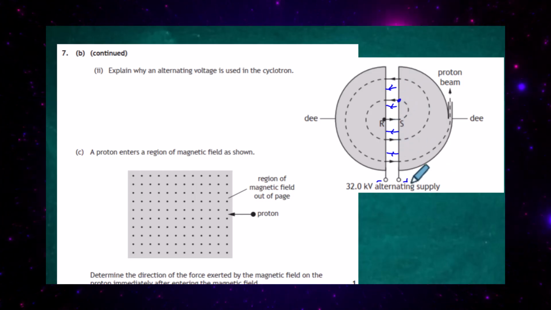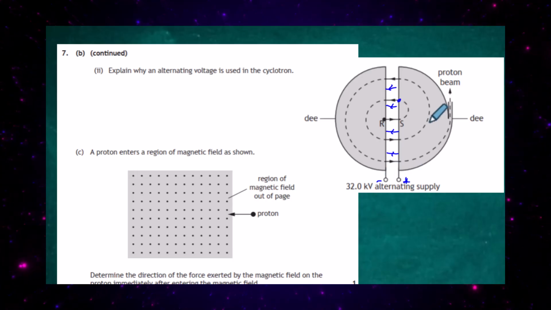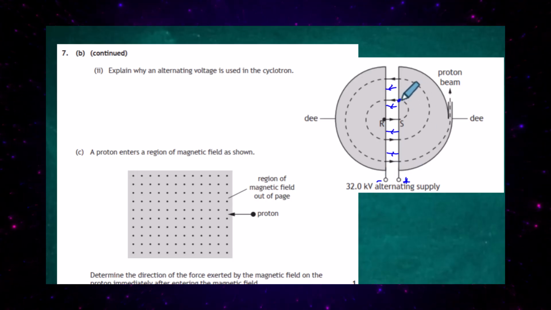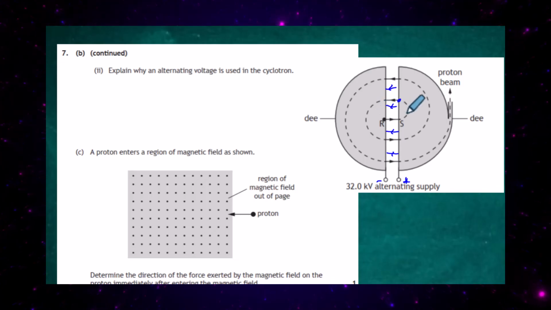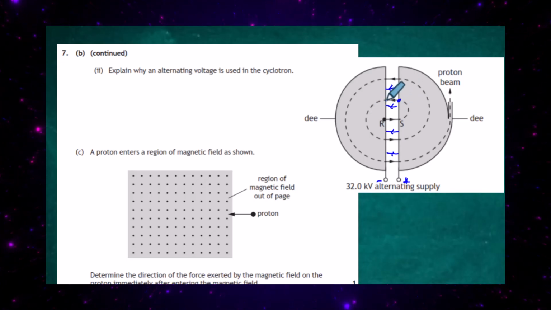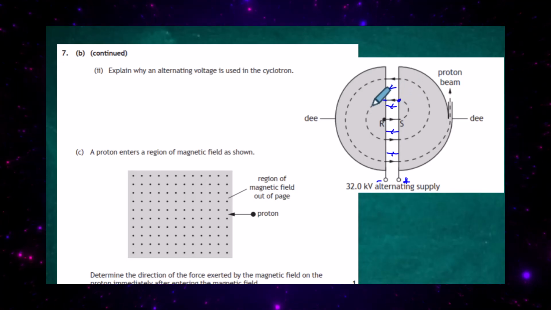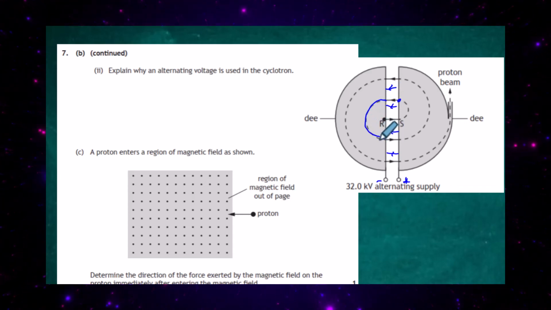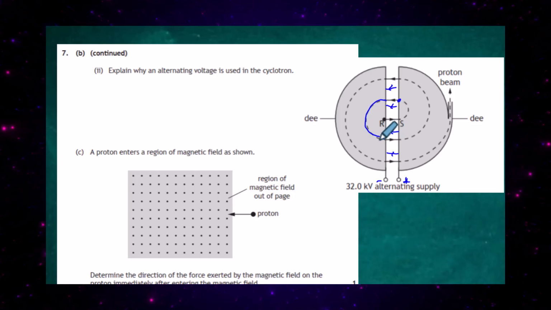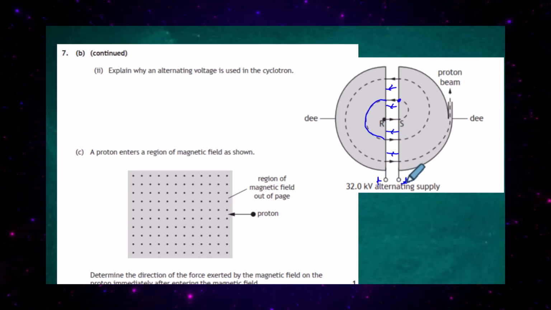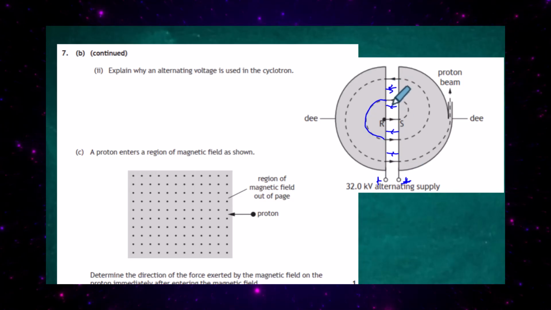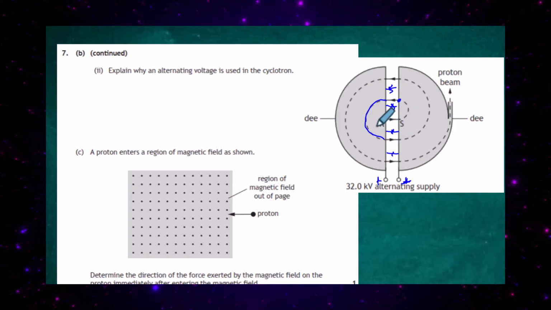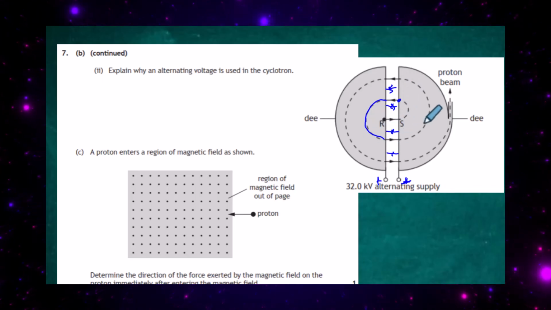Once it's in that position, with this being plus and that being minus, the proton can move across and is accelerated across the field. Once it gets to this position here, it's going to be bent round again to this position, and guess what? The field has got to change again. It's got to go plus and minus here, so that the field lines change and the proton will be accelerated across the gap.